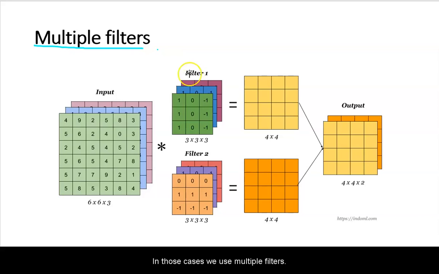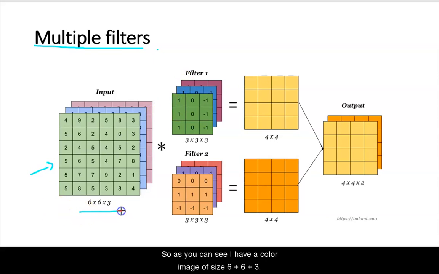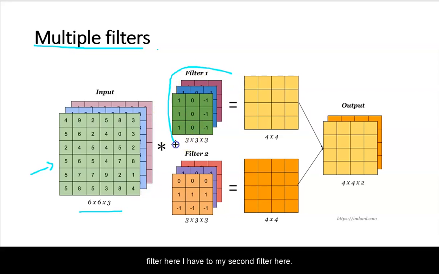So in those cases, we use multiple filters. As you can see, I have a color image of size 6 cross 6 cross 3. And then as you can see, I have two filters.